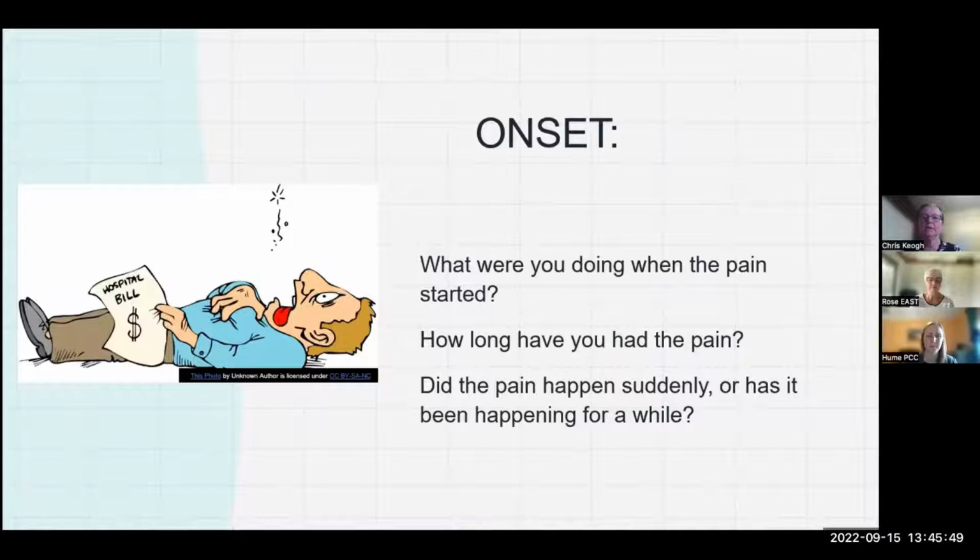So, onset. We should look at what were you doing when the pain started? Getting a bit of a history, an idea of how long you've had the pain, and did the pain happen suddenly or has it been happening for a while? So getting a sense of whether this is an acute onset pain or something that's been chronic and happening for a while.